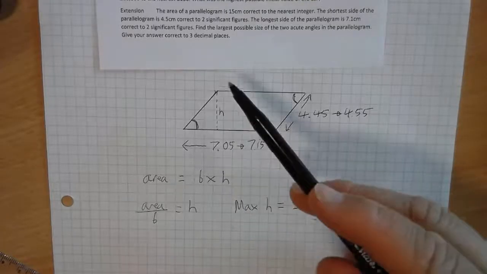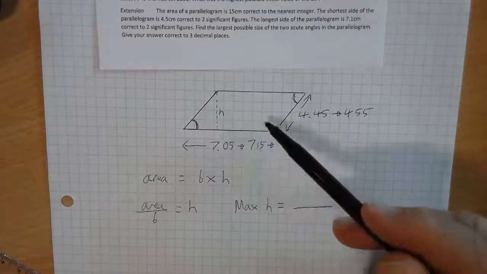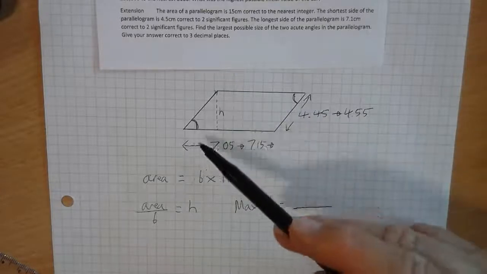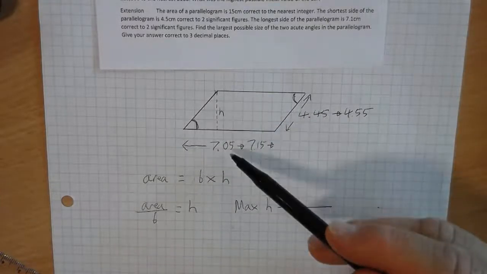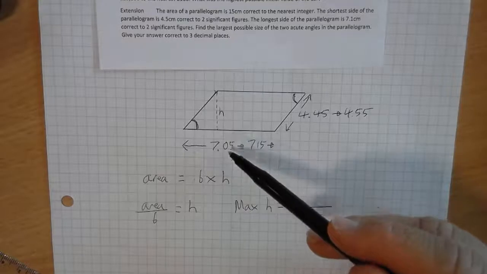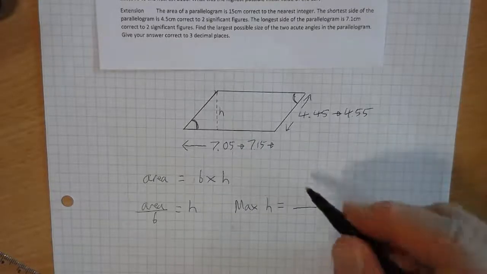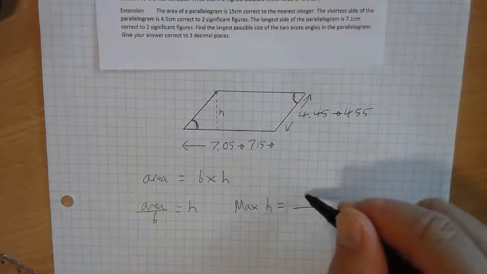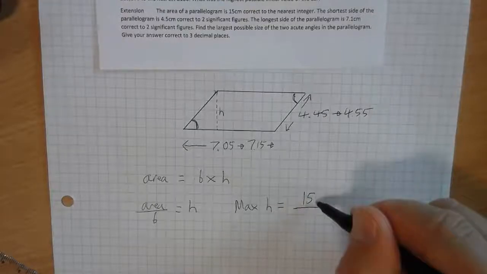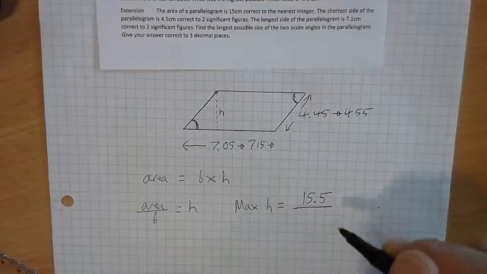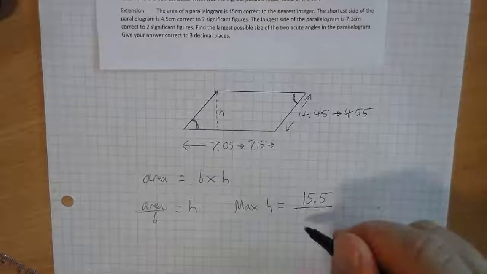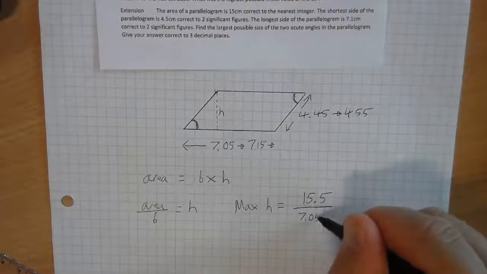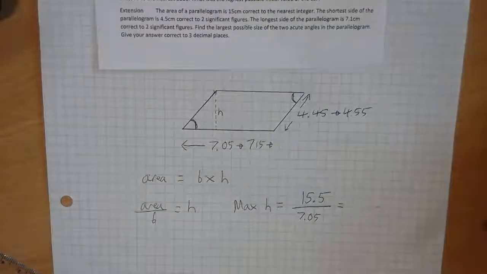And I know my height needs to be maximum because this is my longer side, so it needs to be stretched out as much as it possibly can towards being a square. So the most area that I'm going to have is 15.5, and the least base that I'm going to have is 7.05. So that gives me my maximum height.